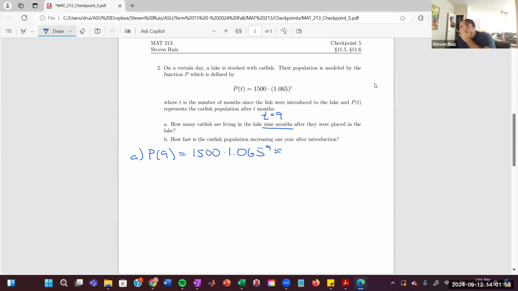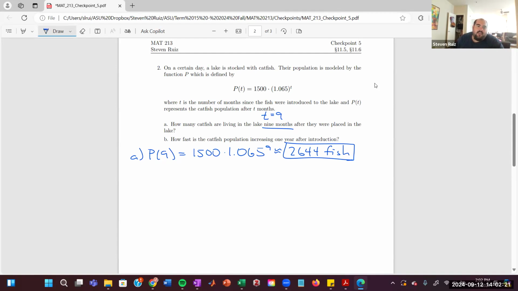I calculated this before. I got approximately 2,644 fish. And just a reminder, it doesn't really make sense in this context to round. You cannot have fractions of fish. So 2,644, I believe, was the nearest integer to whatever number this comes out with.